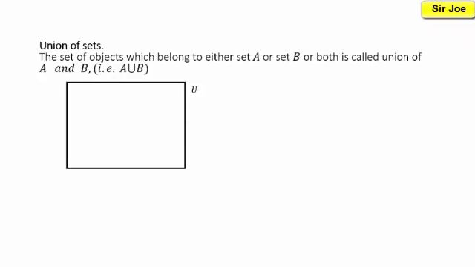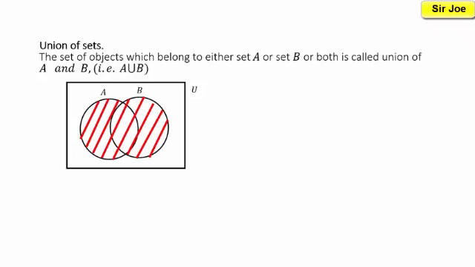Now let's look at this diagram and see how the union looks. So my universal set is there, then I have my set A and I have my set B. Then if I ask to find A union B, that means all the elements in A and all the elements in B. So all of A and B shaded together will be our union.